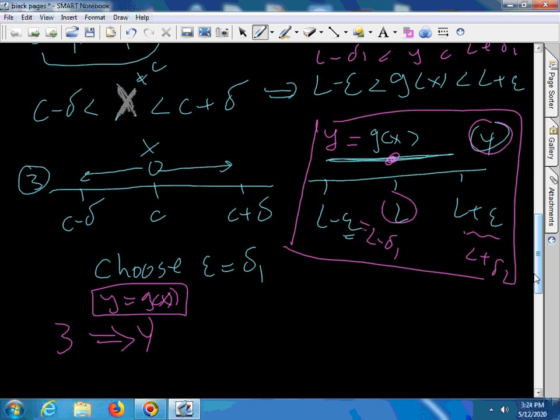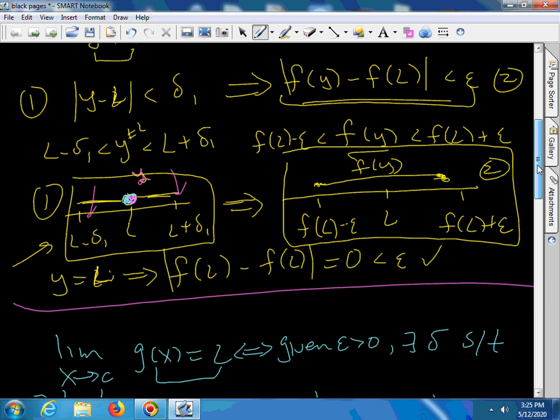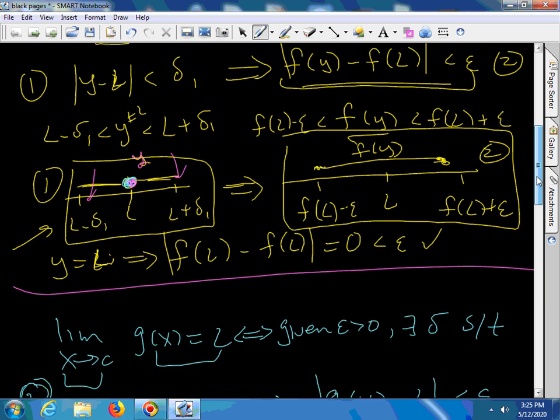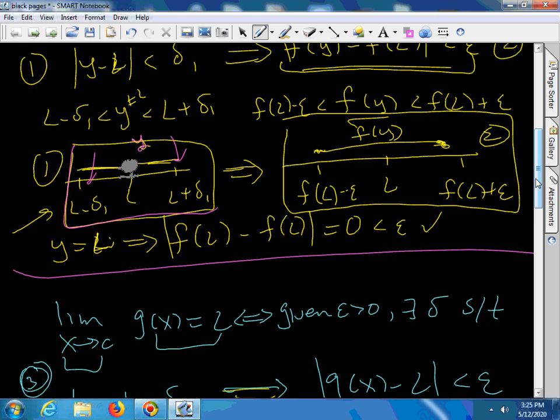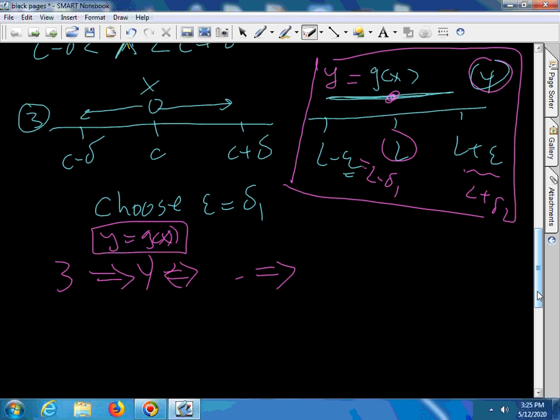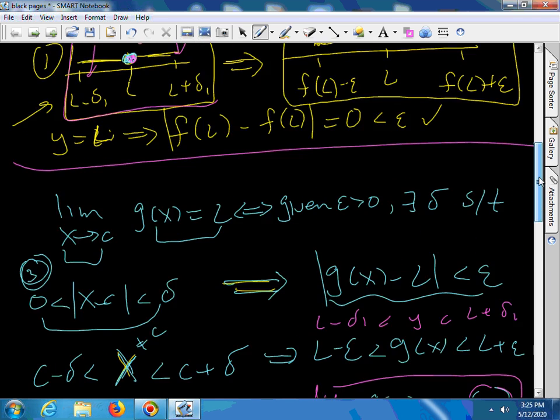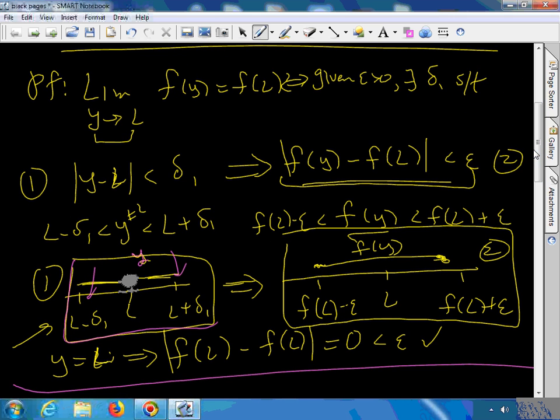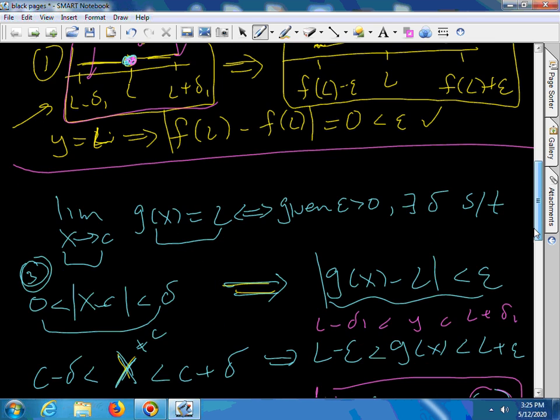It allows L. So statement 4 and statement 1 are the same statement, and 1 implies 2. Statement 1 implies statement 2.